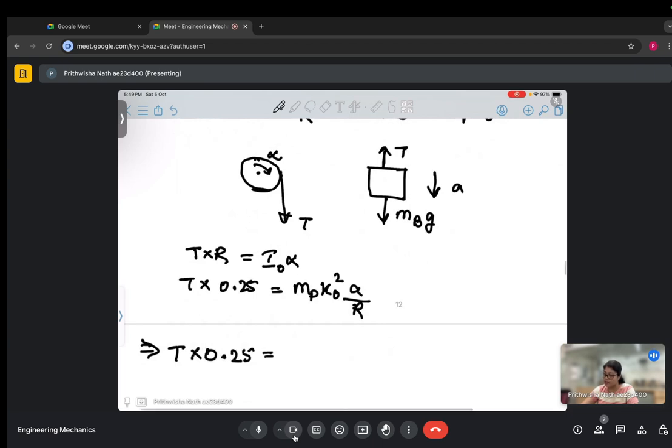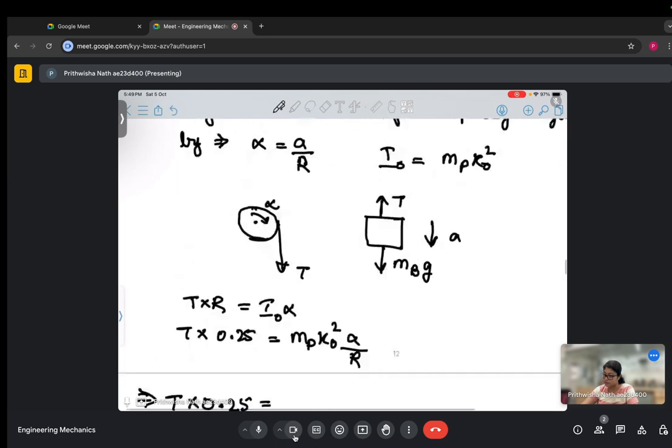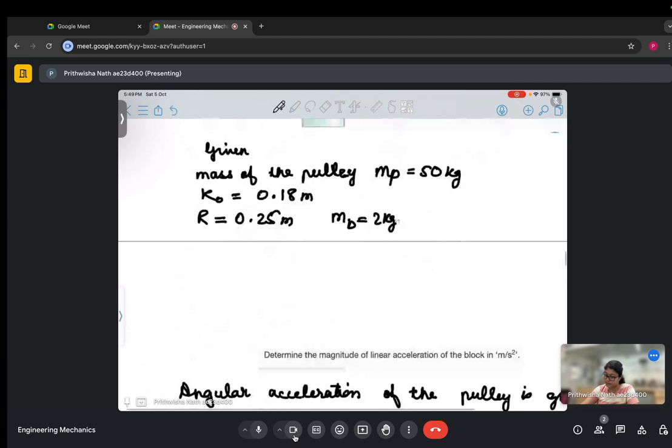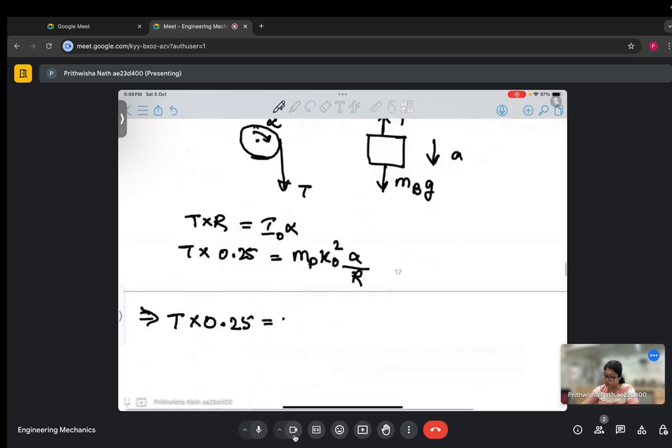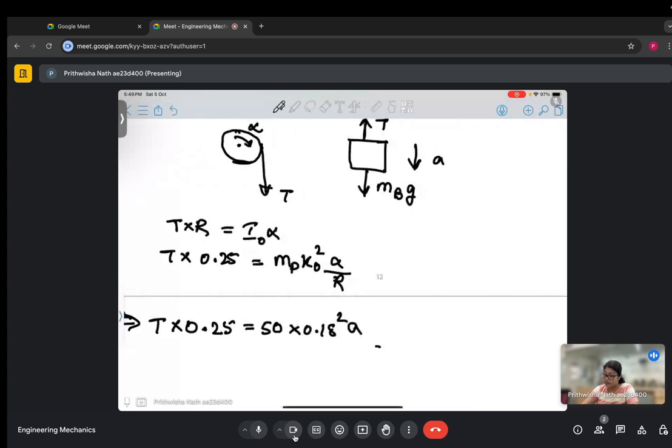MP is given as 50 kg. KO is given as 0.18 meter, and A is unknown, and R is 0.25.